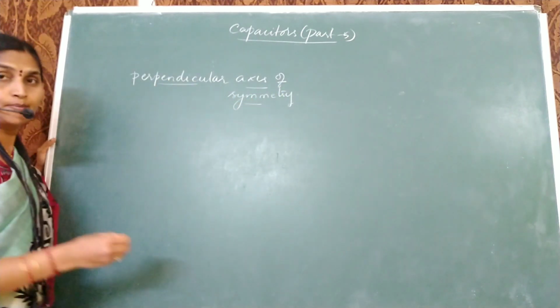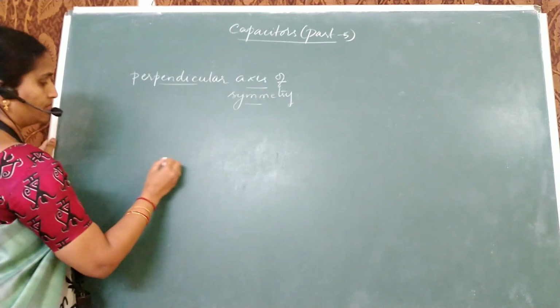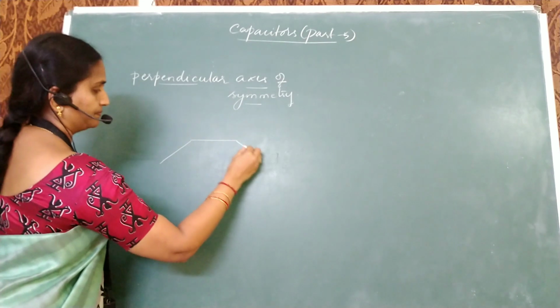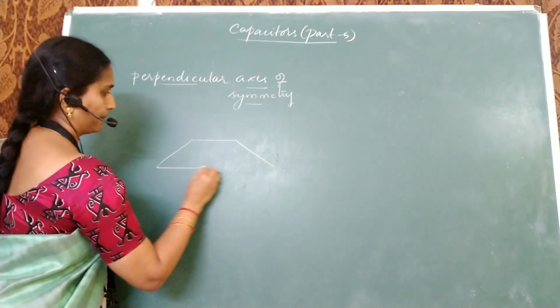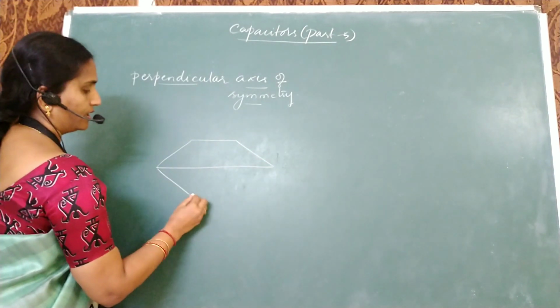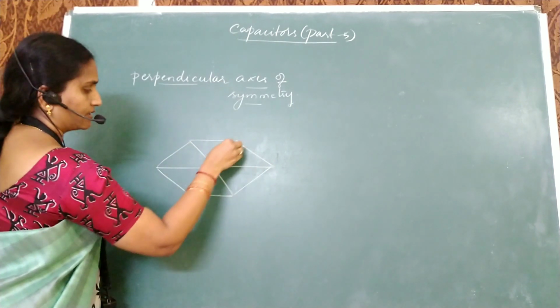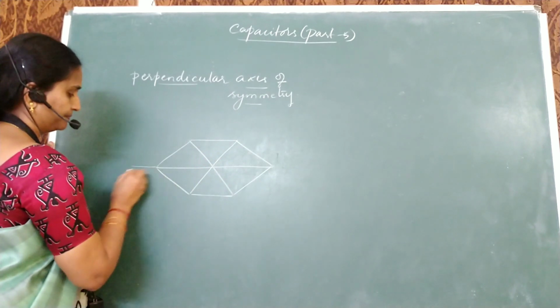Okay, let us take one simple example of a circuit. Here I will take a hexagonal circuit. Every edge of a hexagon is connected to a capacitor.